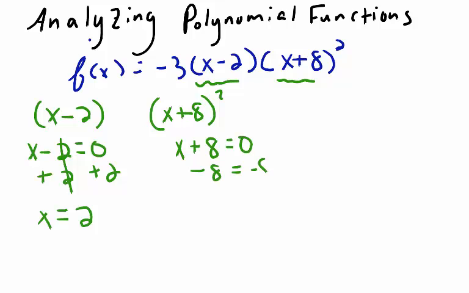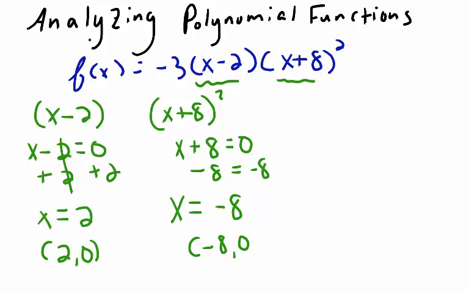For our other zero, subtracting 8 from both sides, we have x equals -8. So in other words, our zeros occur at the points (2, 0) and (-8, 0).